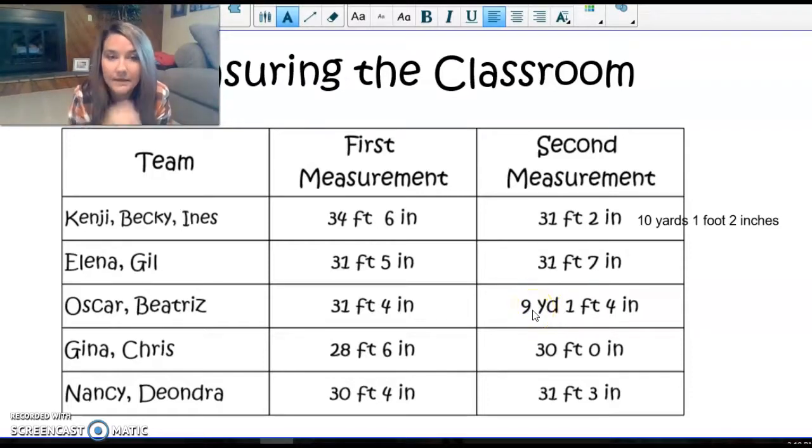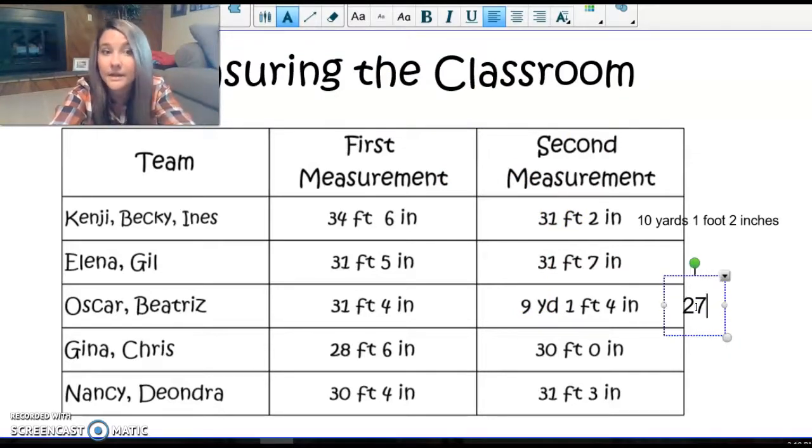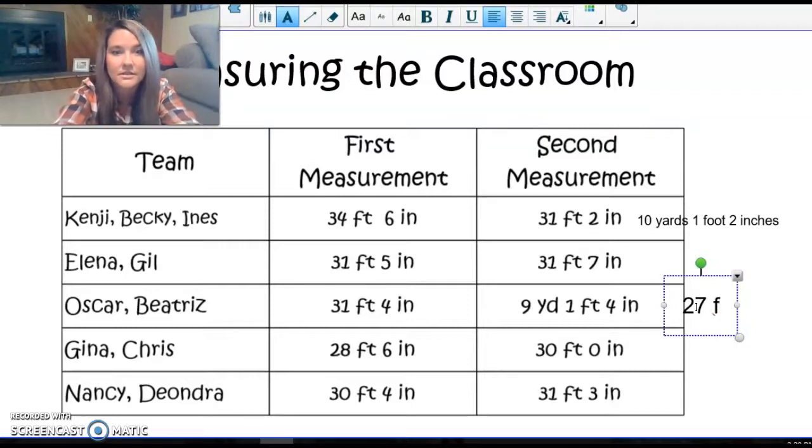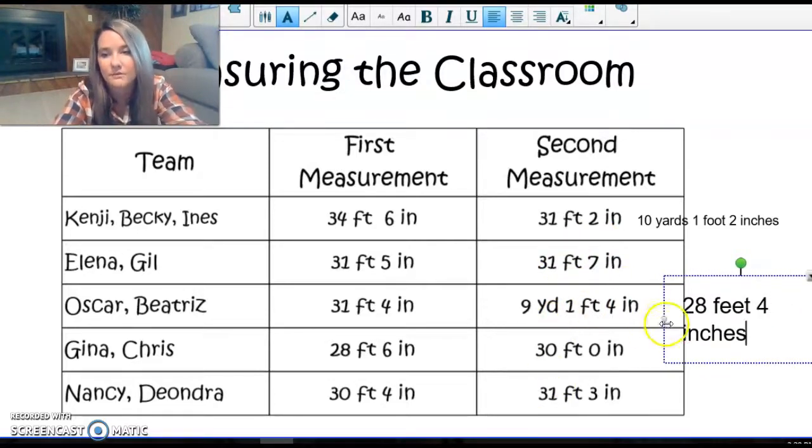So 3 times 9 would be 27 feet. 9 plus 9 is 18, plus another 9 is 27. Then plus another foot, do you see that? Plus another foot would be 28 feet, and we would still have those 4 inches.